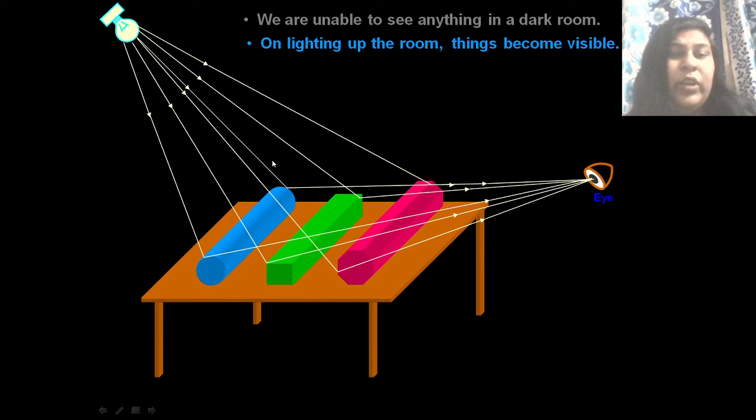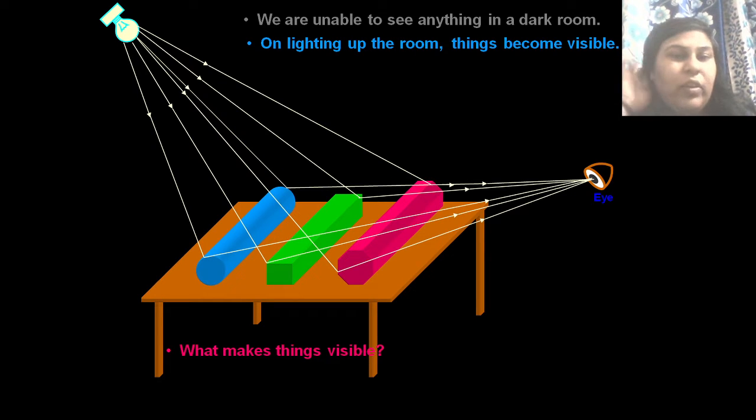Basically, what happens here is that light rays fall on these objects and the objects reflect the light rays, and when these reflected rays reach the observer's eye, the observer is able to see the things in the dark room. So what makes the things visible? It is a source of light, or the light, which makes the things visible to a person.